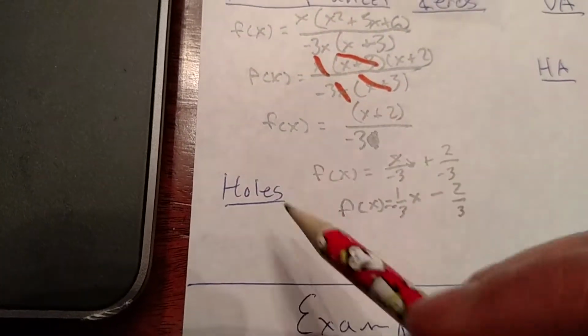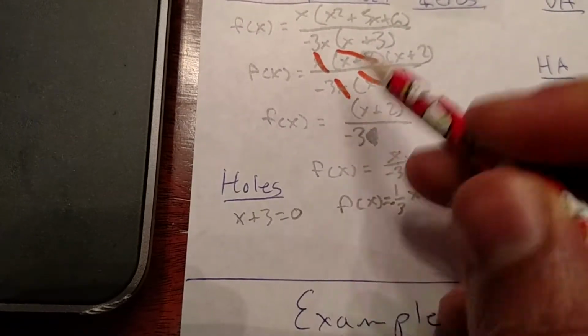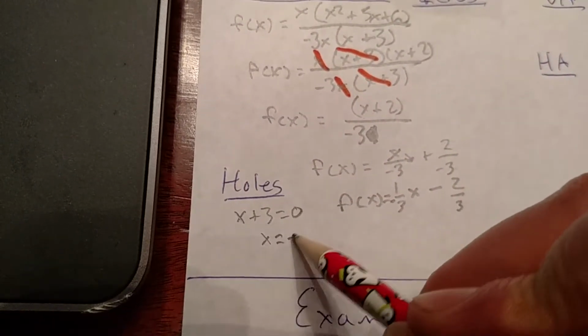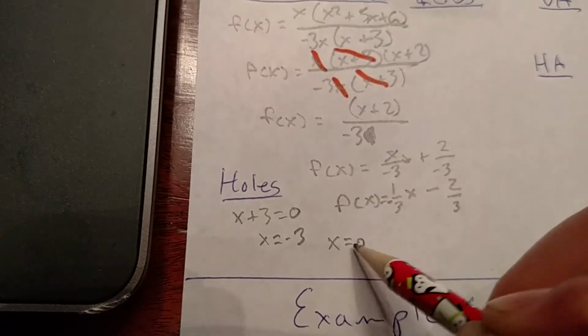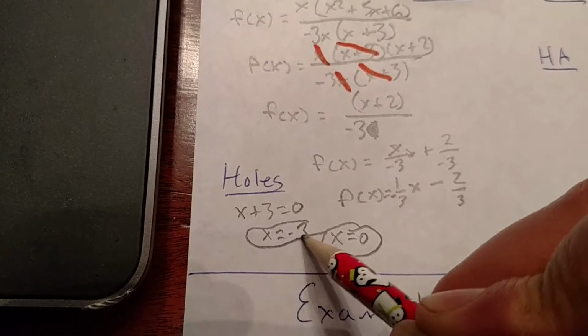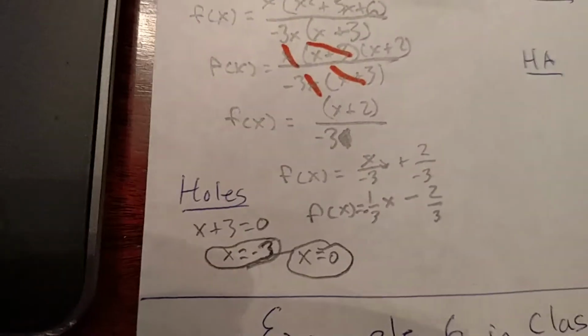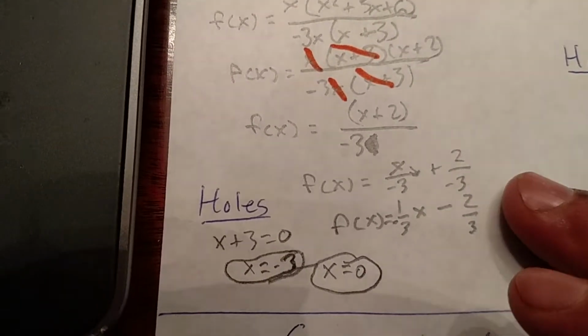Let's move on to our holes. Now, on the holes side of things, you have x plus 3 equals 0, because I crossed it out. So x equals -3. You have x equals 0, which is already solved. Okay, so we have this equation.